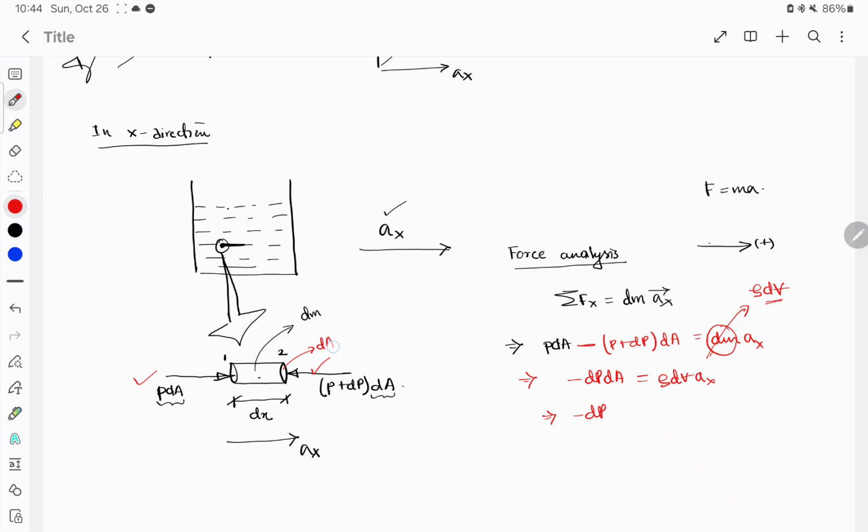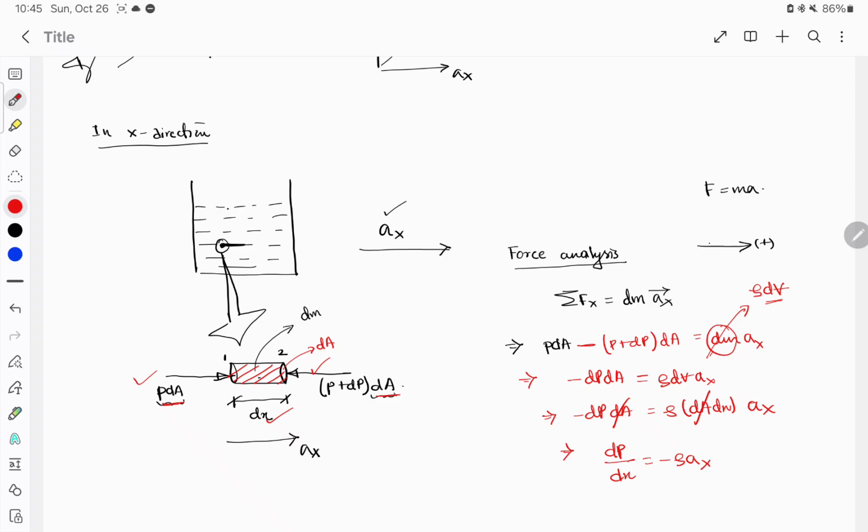This area is dA, as we know, and the volume of this particular fluid element will be dA into dx. So rho dA into dx into ax, so dA will get cancelled, and we can get dp by dx as minus of rho ax.